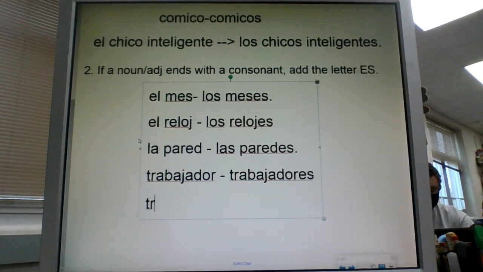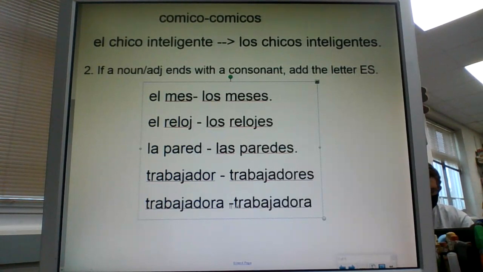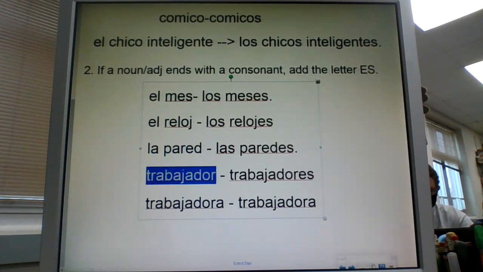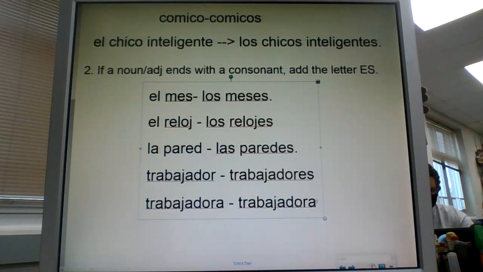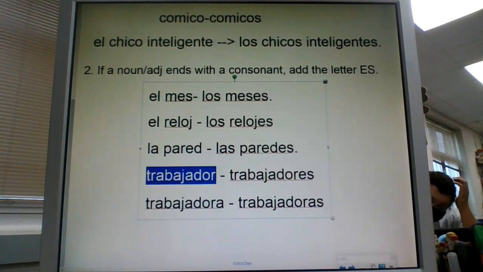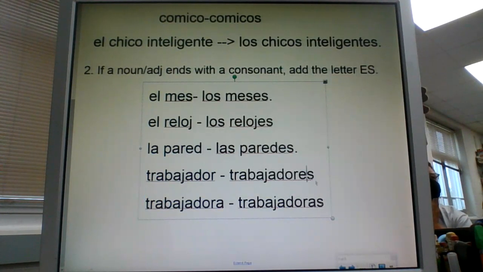Now what about trabajadora? Why do I have two of these? Because this is one word, this is a totally different word. Trabajador and trabajadora are two different words in Spanish, and they follow two different rules.